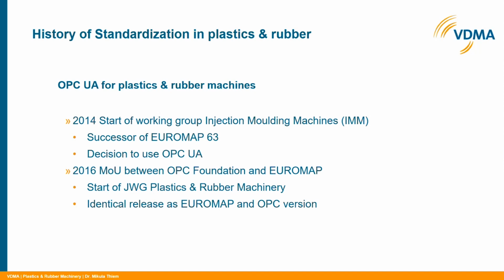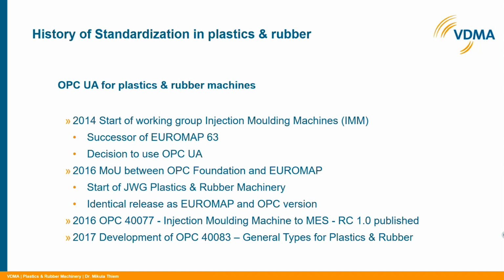This MOU was the start of the joint working group Plastics and Rubber Machinery, which is today the working group responsible for all the OPC UA Companion Specifications for plastics and rubber. And this MOU also stated that the specifications are released identically as EUROMAP and OPC versions.